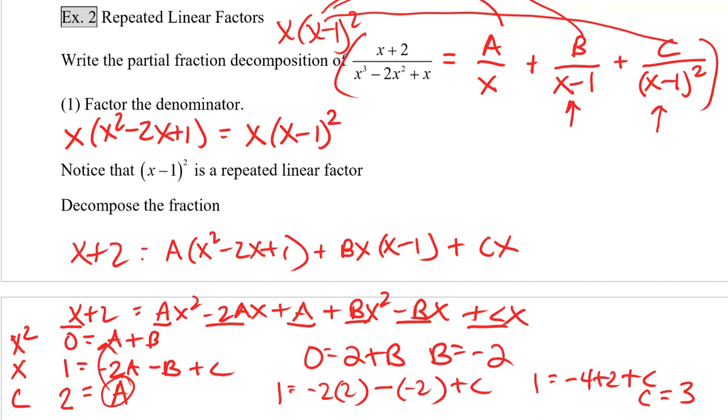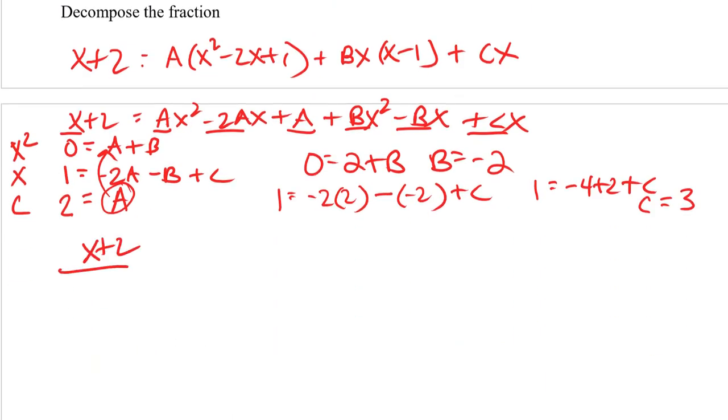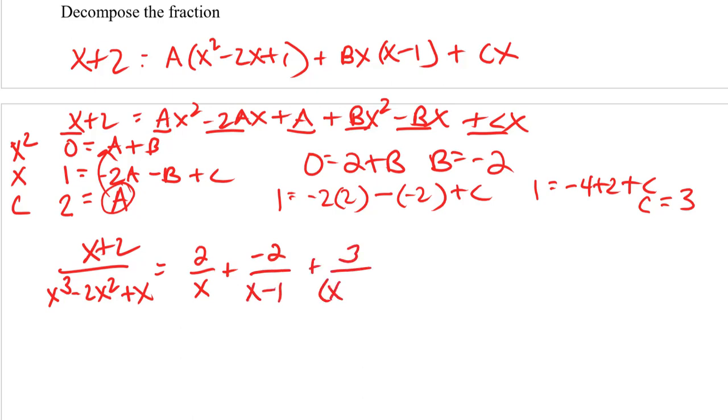So we'll put all these together by plugging back into what we've written up here, and our final answer is going to be this: x plus 2 over x cubed minus 2x squared plus x is equal to 2 over x plus negative 2 over x minus 1 plus 3 over x minus 1 squared.